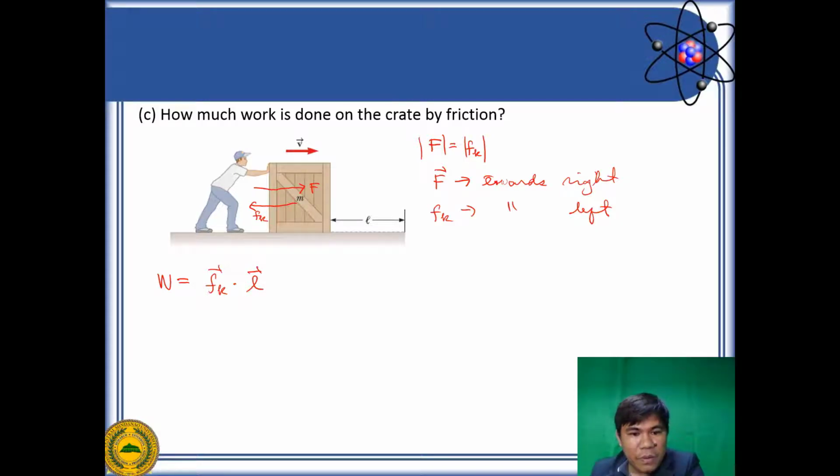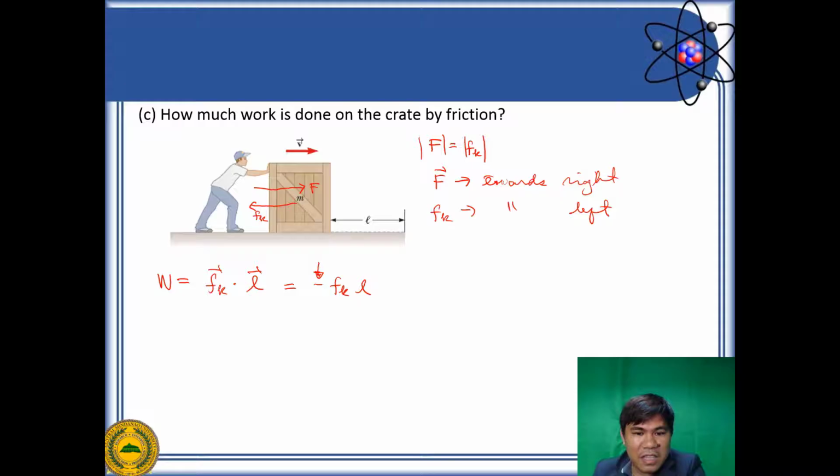Now, since the direction of Fk is towards the left, the work done here is equal to Fk times L, since the angle between the two is 180 degrees, so cosine 180 degrees produces the negative here.